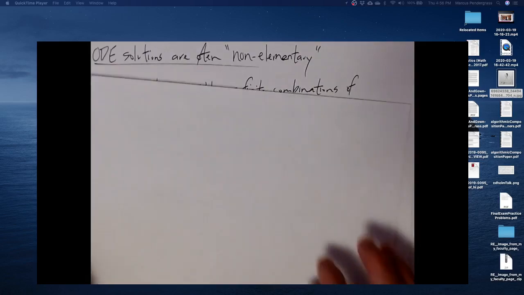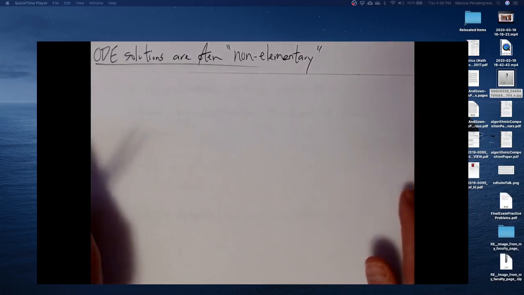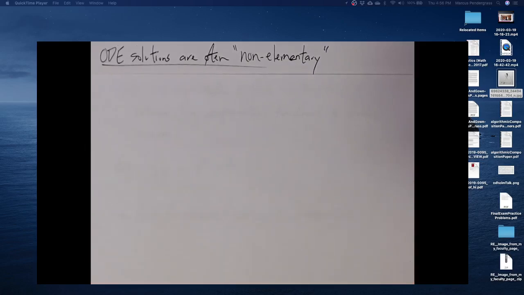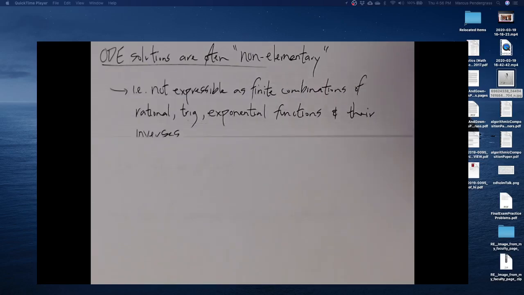Now, one thing that you may not get in a first course on ODEs is this situation that I want to talk about here. The solutions to an ordinary differential equation are often what we call non-elementary functions. That means, in contrast to the examples I've just shown you, many, if not most, ODEs have solutions that are not expressible as finite combinations of functions we're used to dealing with in courses like calculus.